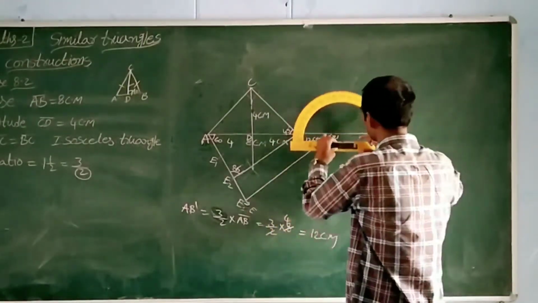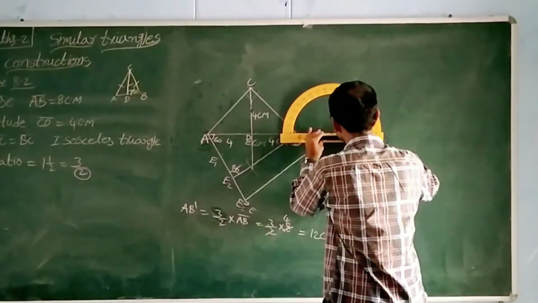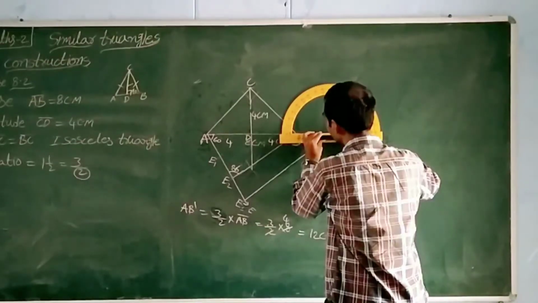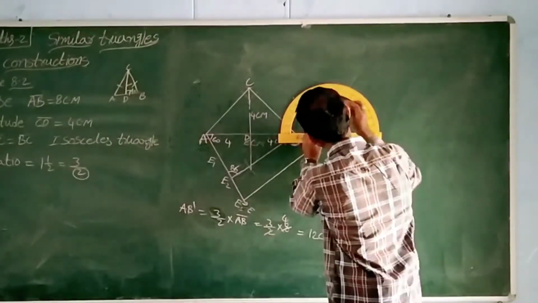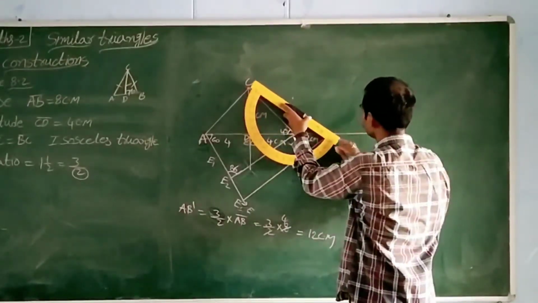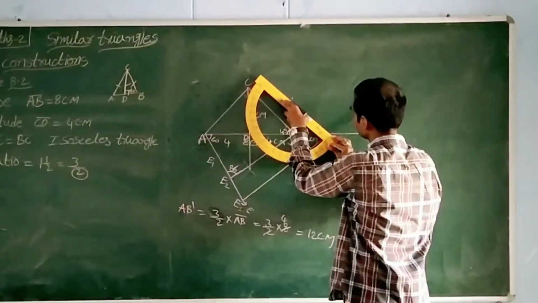After that, the same angle, take 45 degrees at B dash. You draw this angle line.